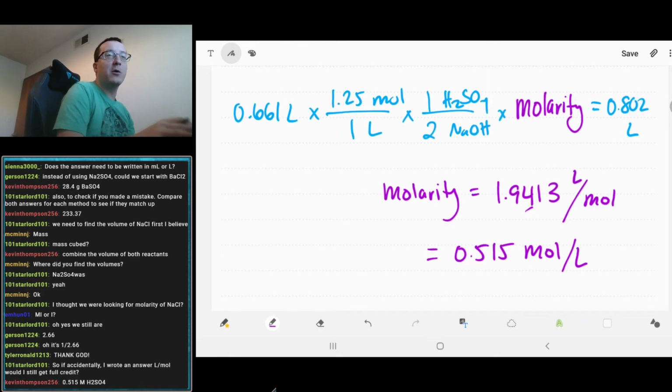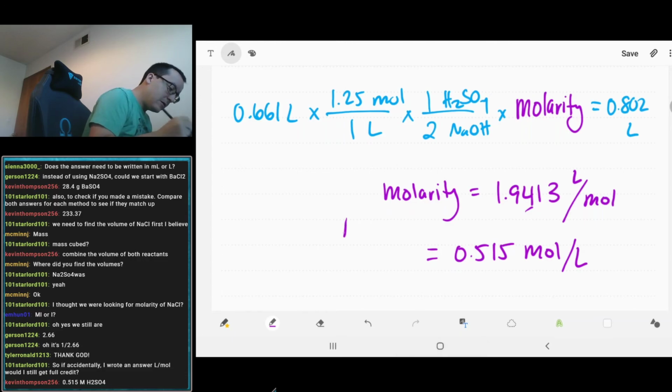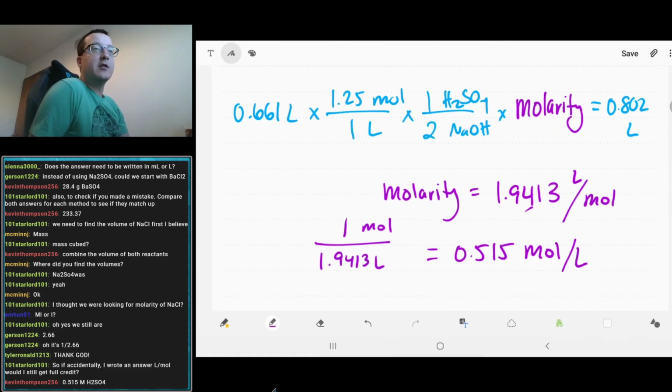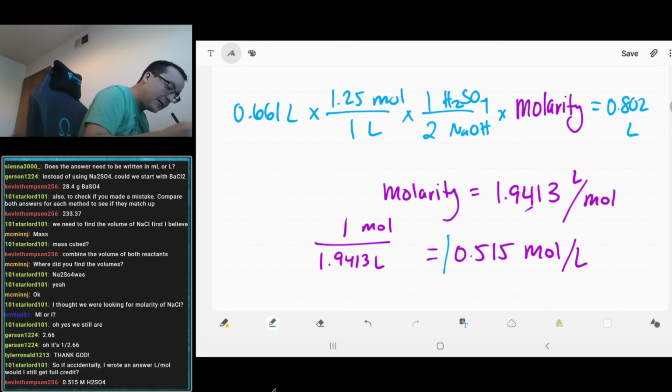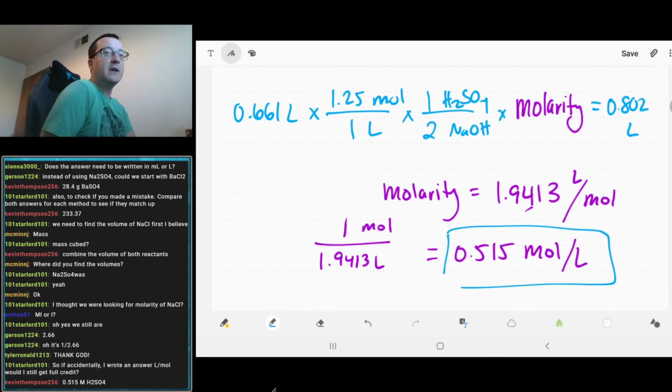And so if you wanted moles per liter, we flip it over. And so 1 mole over 1.9413 liters is equal to 0.515 moles per liter. And so you'll get this happy answer, which will be the missing molarity of sulfuric acid.